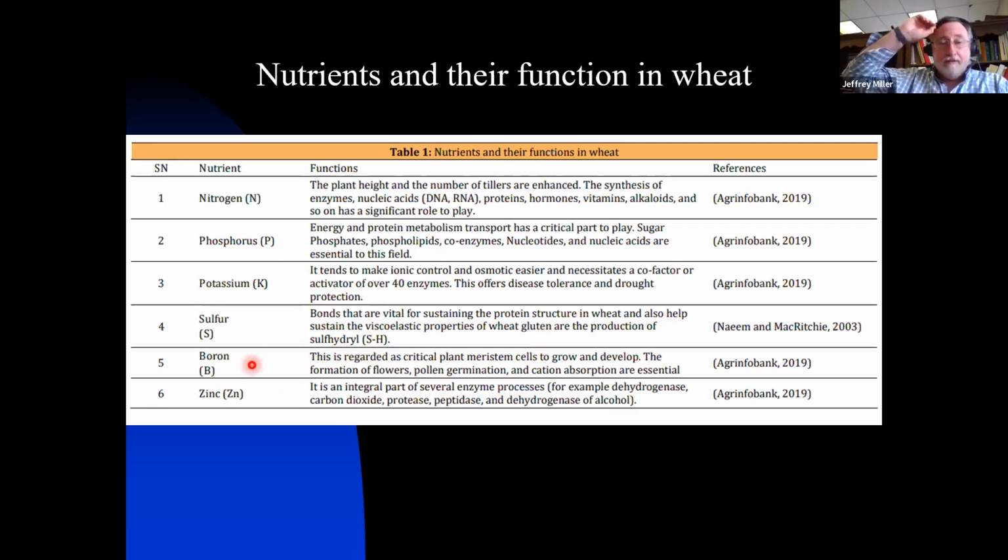Boron is something that affects formation of flowers, pollination, and cation absorption like calcium, magnesium, potassium. Zinc is an integral part in several enzyme processes within the plant. So very important, micros as well as macros.